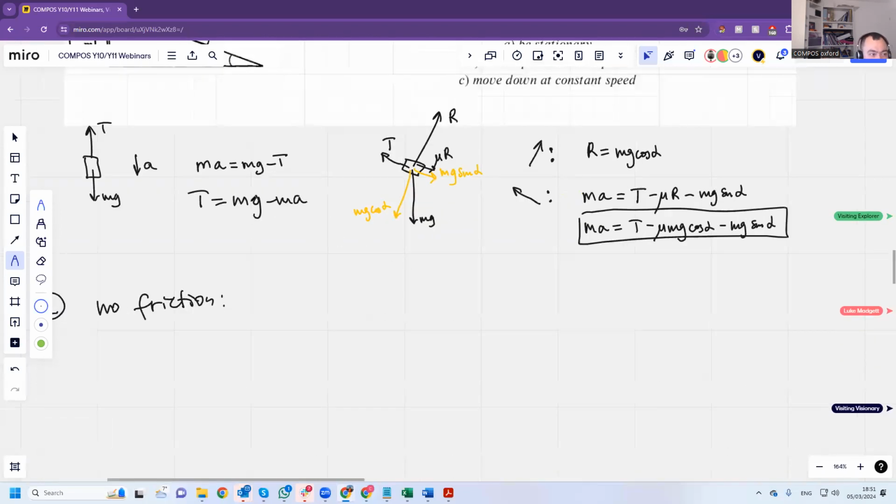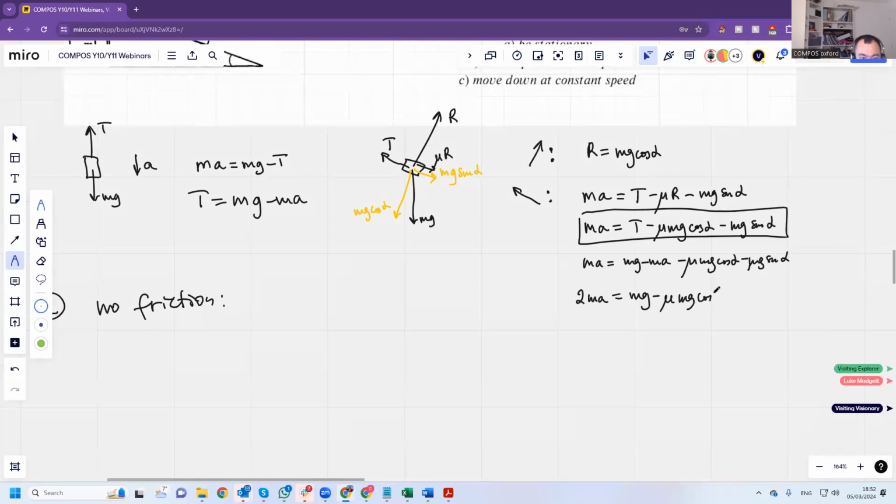So here T is mg minus ma. ma equals mg minus ma minus mu mg cos alpha minus mg sine alpha. And this is 2ma equals mg minus mu mg cos alpha minus mg sine alpha.